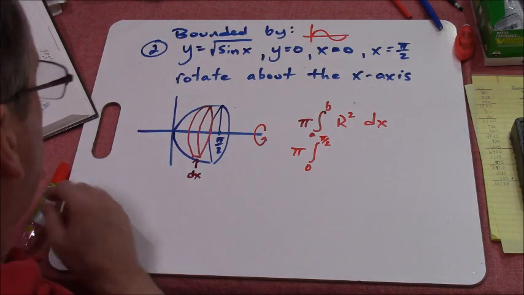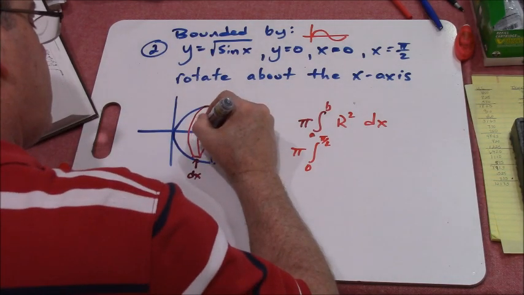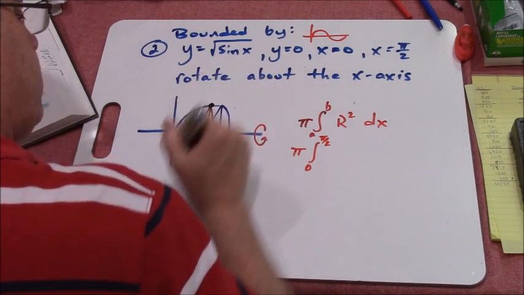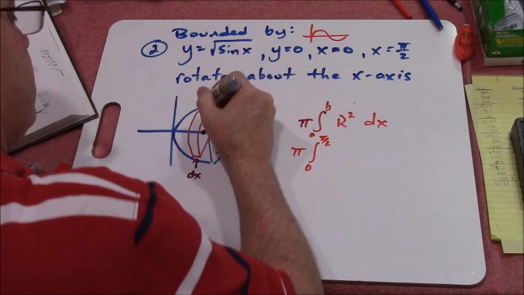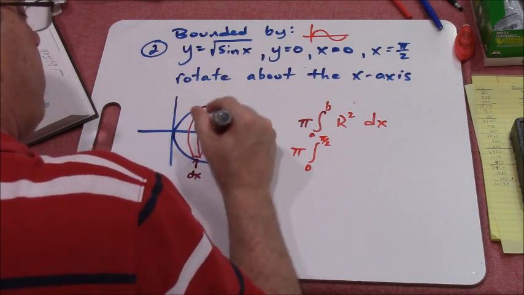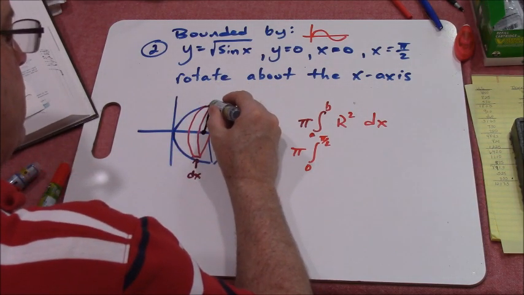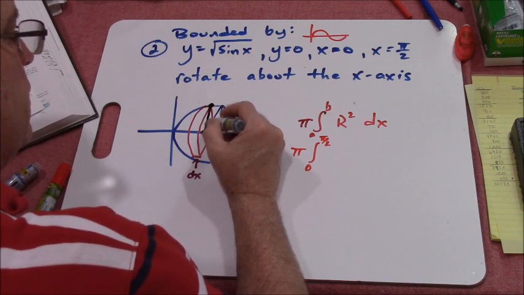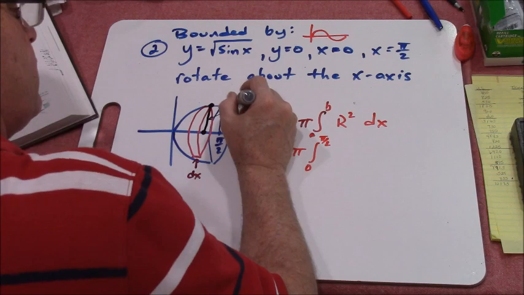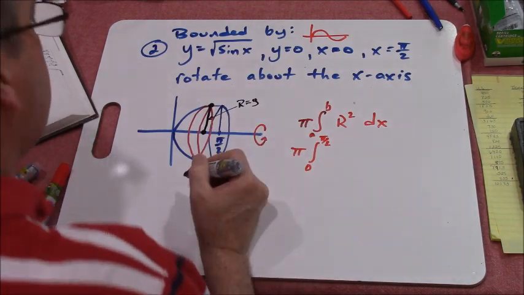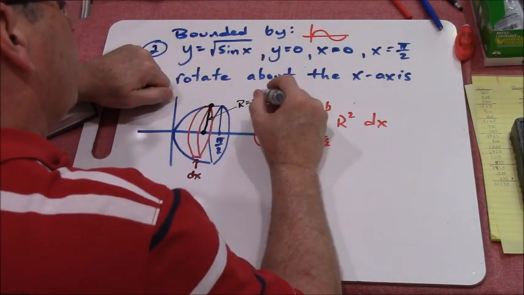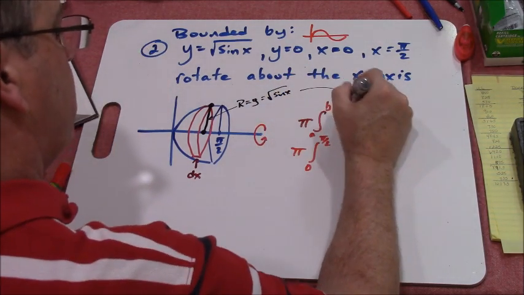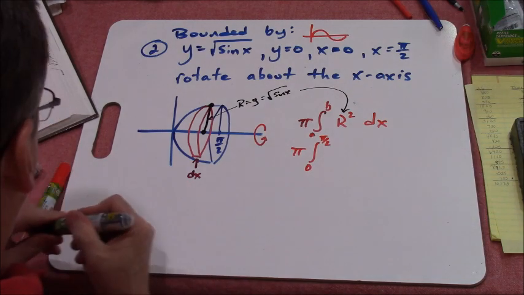My radius here is going to be from my axis of rotation up to the original curve. And so that radius really is just the y-coordinate right here, y minus 0. The y-coordinate here would be 0. So radius equals y. We know y is equal to the square root of the sine of x, and so that's what we want right here.